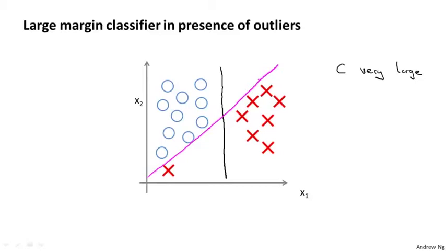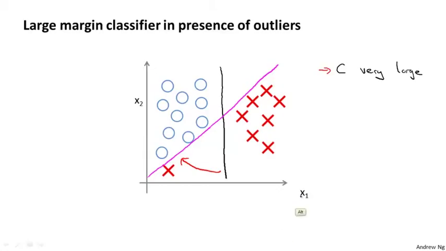And it's really not clear that, based on a single outlier, a single example, it's such a good idea to change my decision boundary from the black one over to the magenta one. So if the regularization parameter C were very large, then this is actually what the SVM will do. It'll change the decision boundary from the black to the magenta one.